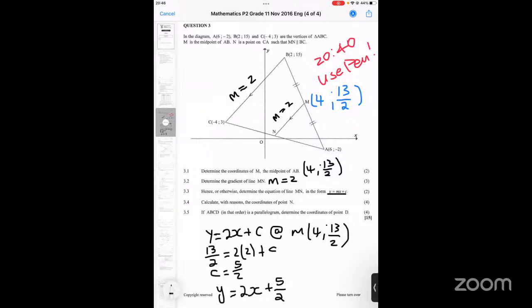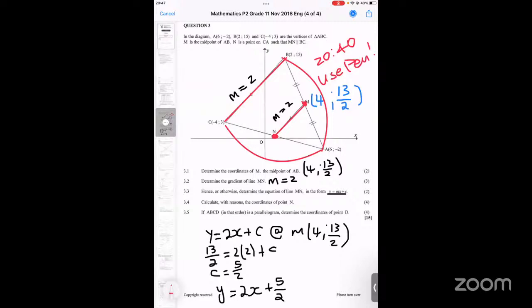Understood. Okay. Now they say calculate with reference the coordinates of N. From my understanding, even though you may not have a vast amount of knowledge on Euclidean geometry, if this line is parallel to that line, and this line starts from the middle point of these 2 points, chances are high that this is also the middle point of these 2 points.